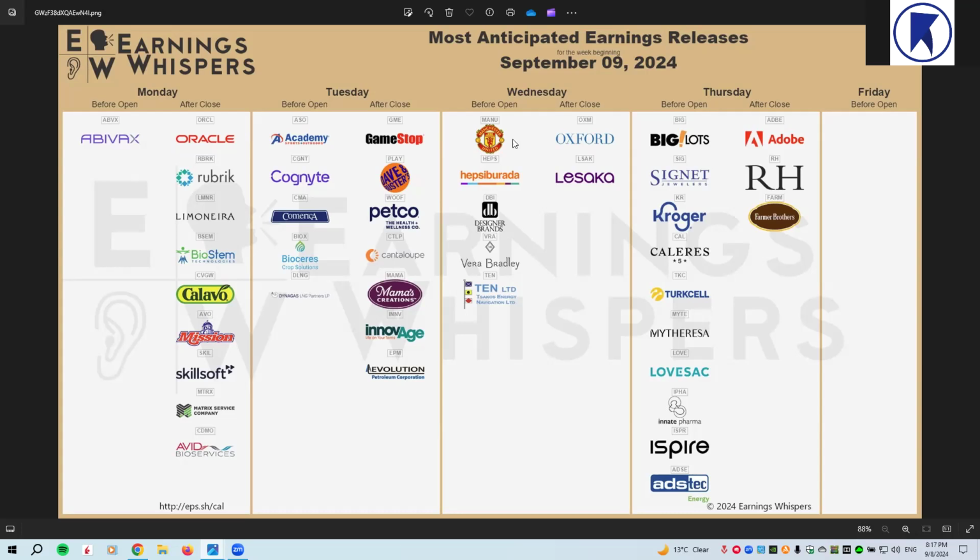But other than that, nothing really catches my eye. Last but not least, Adobe. Right, not a big fan of Adobe either. And you have RH if you like your furniture stuff. But other than that, pretty muted, pretty minimal from my interest standpoint. Like I'm not really torn up about Lovesac, whatever that is, right? I just don't even like the name.